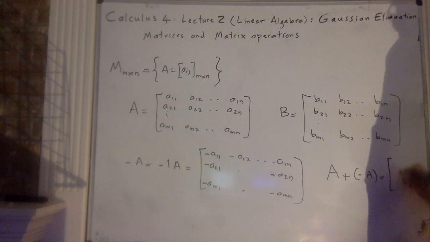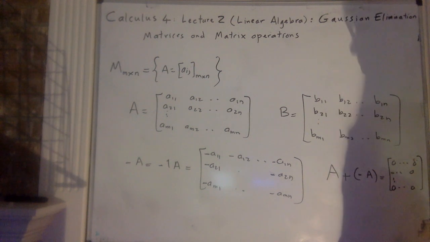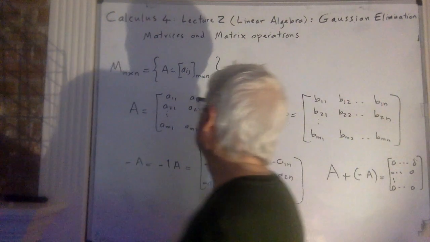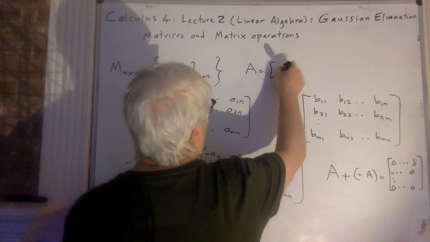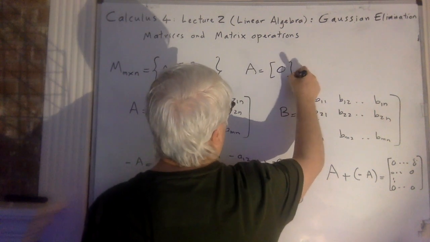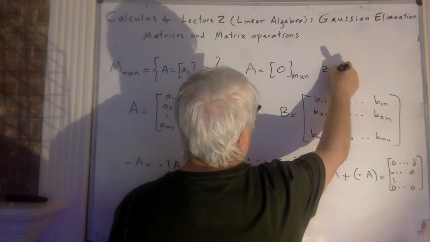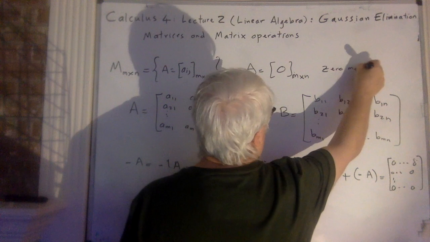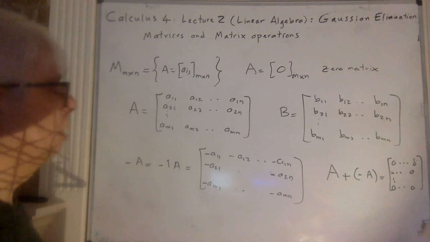So that is in fact all zeros. So this is the 0 matrix. If all of the entries are 0, that is called a 0 matrix.